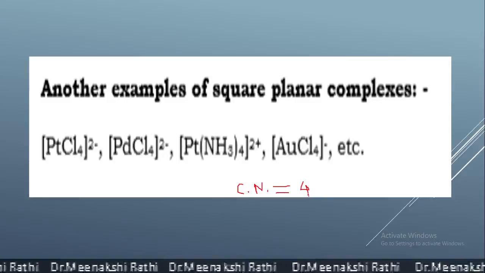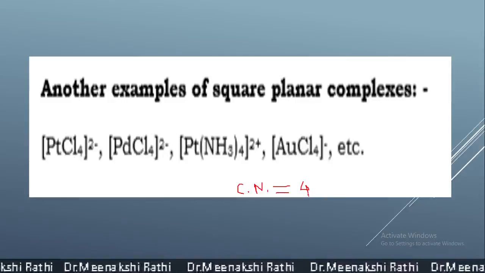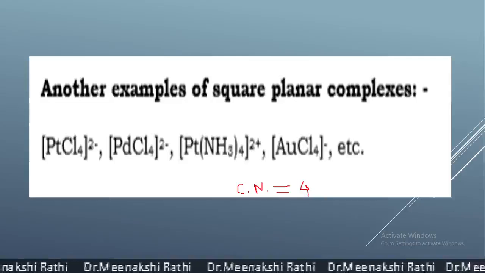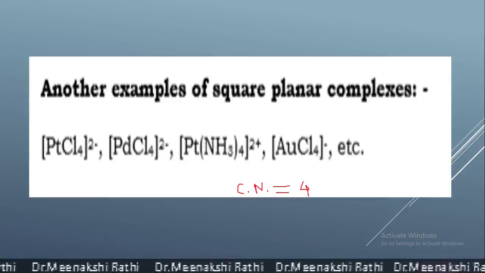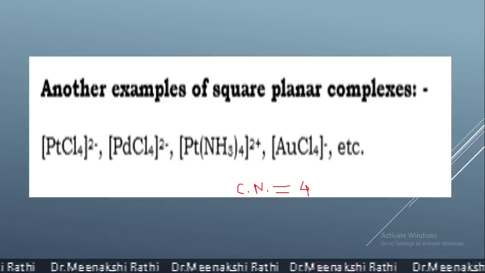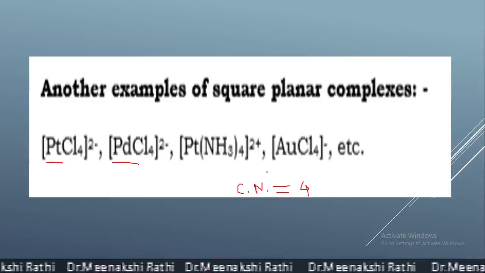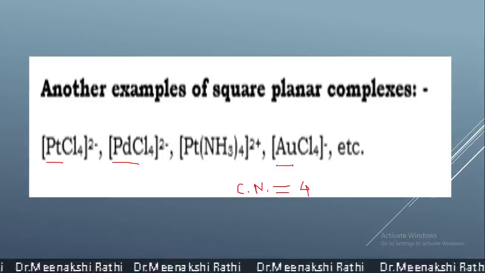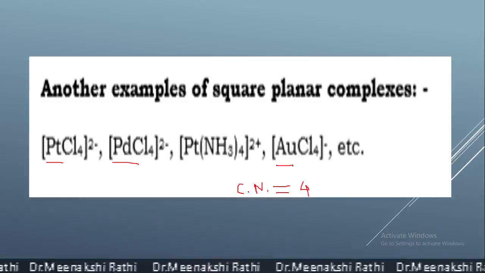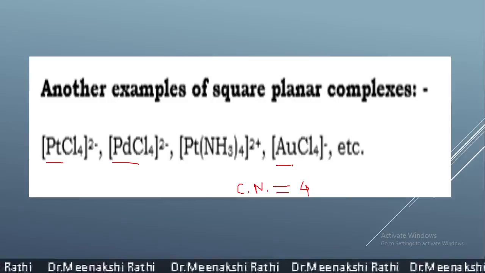But for higher d orbital elements, that means metal ions from the 4d and 5d series, only one geometry is there, that is square planar, irrespective of the nature of the ligand. Platinum, palladium, and gold are all from the higher d block. So they all possess square planar complexes. The remaining part we'll discuss in the next video.